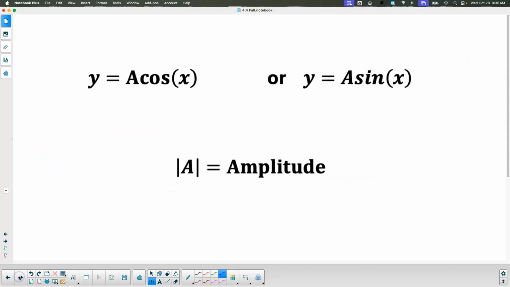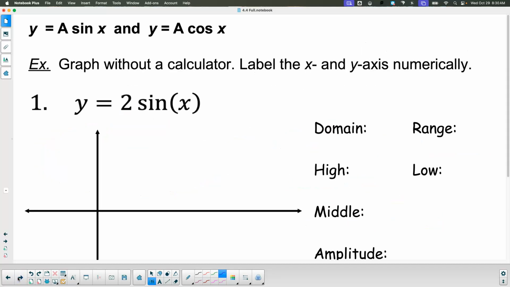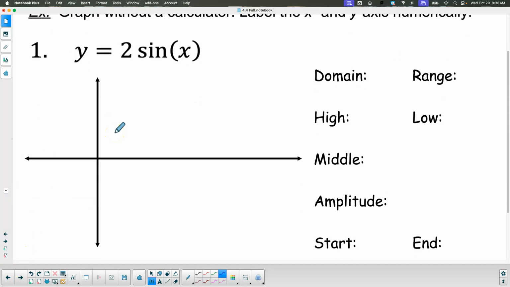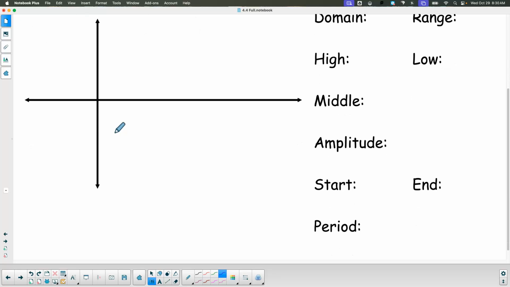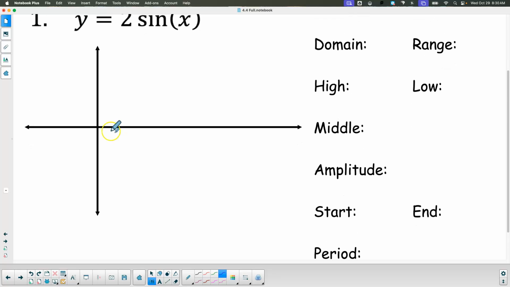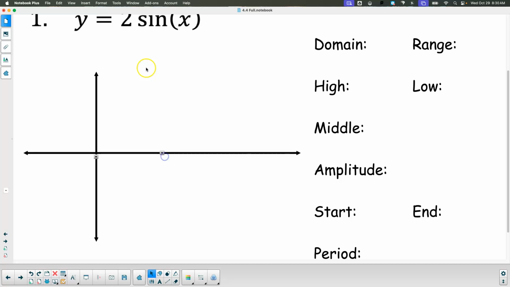Let's try some. Y equals 2 sine of x. Trying to get it all on one so that I don't have to scroll.